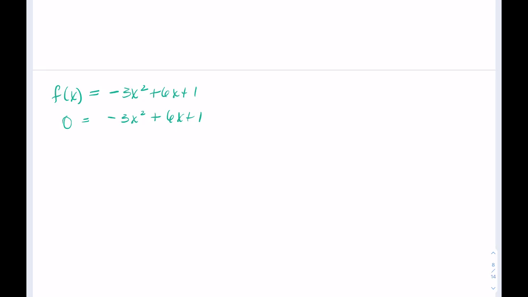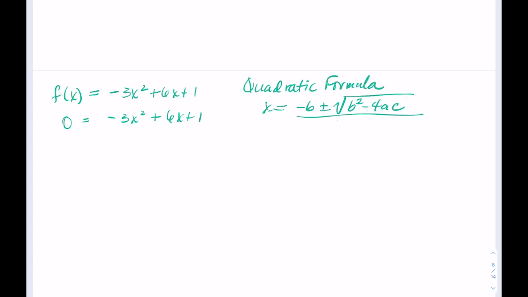So if you remember the quadratic formula, as long as your equation is in the form ax squared plus bx plus c, it allows you to use the formula, which is x equals negative b plus or minus the square root of b squared minus 4ac, all over 2a. Before you even go and use that though, I want you to focus on this inner part here. That has a name. It's called the discriminant.